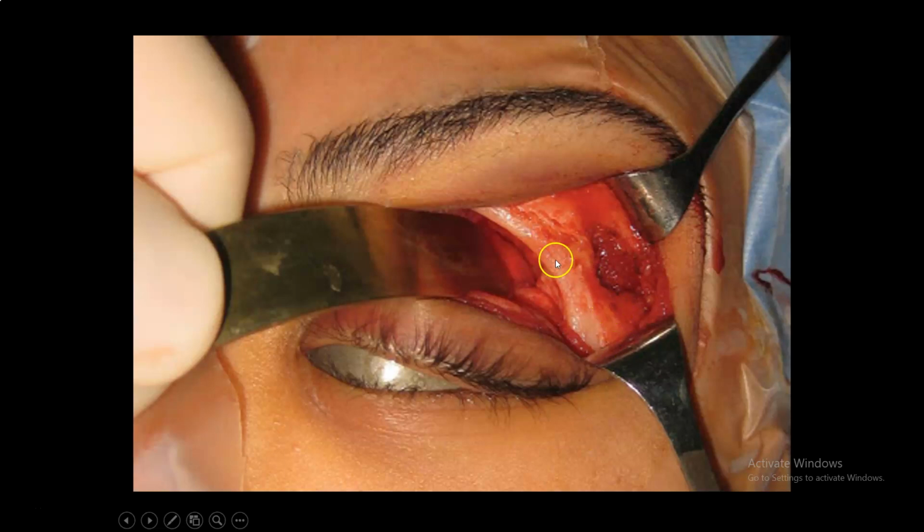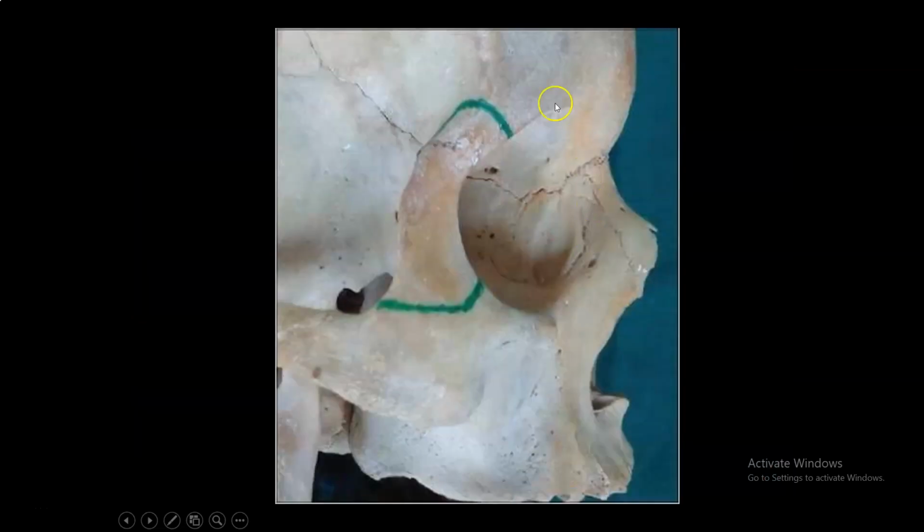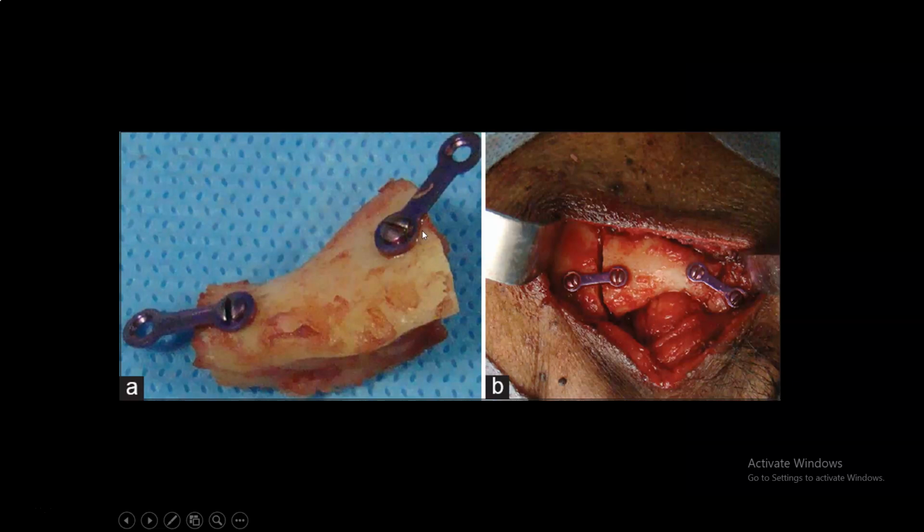This is an operative view. We said here we did a superior lateral incision, not exceeding 2 centimeters posteriorly. We took the temporalis muscle and fascia posteriorly, and we exposed the lateral orbital rim, and we took the periorbita from the lateral orbital rim. We exposed the bone totally. And this is the part of the bone we have to take out to expose the lateral orbital rim for the lateral orbitotomy.